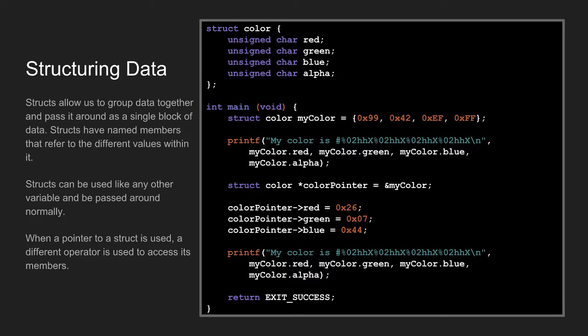So we have color pointer, which points to my color, as we've seen with pointers before, and we can use the stab operator to change the red value or access the red value, as can be seen there. And that's all structs really do. They just let us group data together, and we can address them in the same way we can address just about any other variable, and mess around with them like any other variable type.